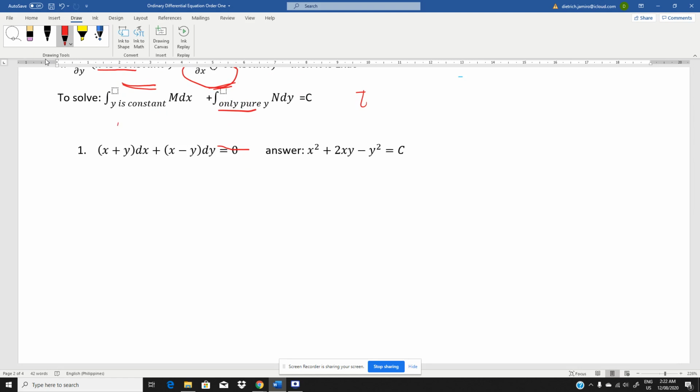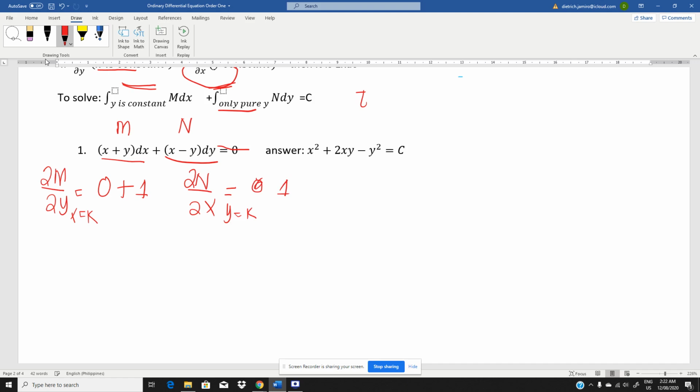First, taking the partial derivative, we will consider this one as our M, and this one as N. Then the partial derivative of M with respect to y: x is a constant, so 0, plus the partial derivative of y, which is 1. Taking the partial derivative of N with respect to x, considering y as a constant, we will have 1 minus 0.